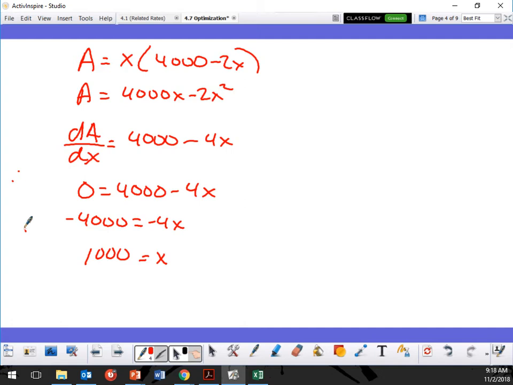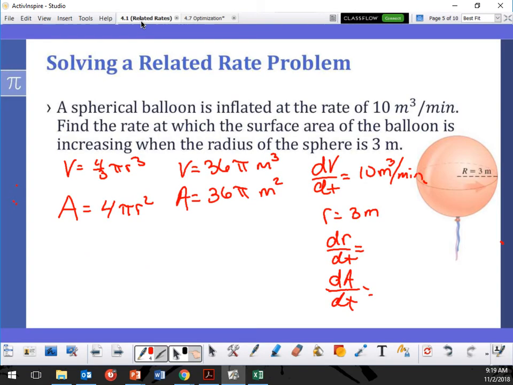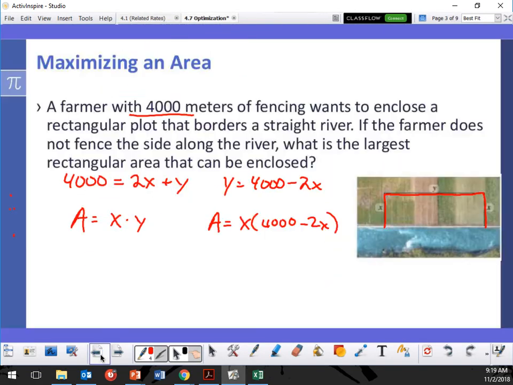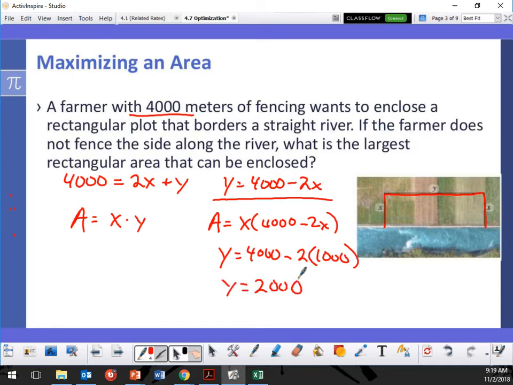Okay, that's helpful. So I'm going to plug it back in to figure out what my maximum area should be. If x is 100, let's figure out what y would be. y equals 400 minus 2 times 100, so y is going to be 200.